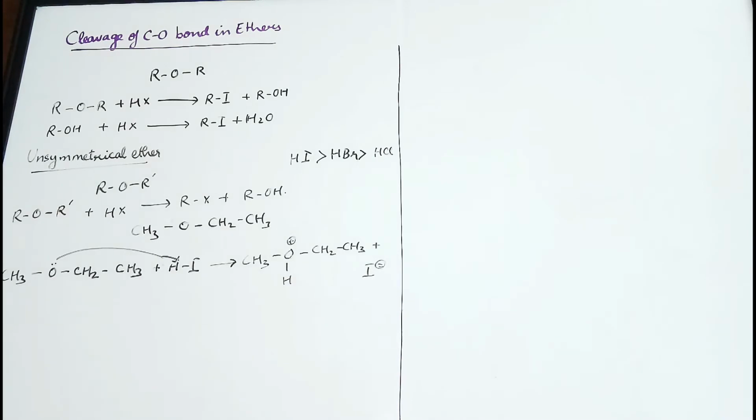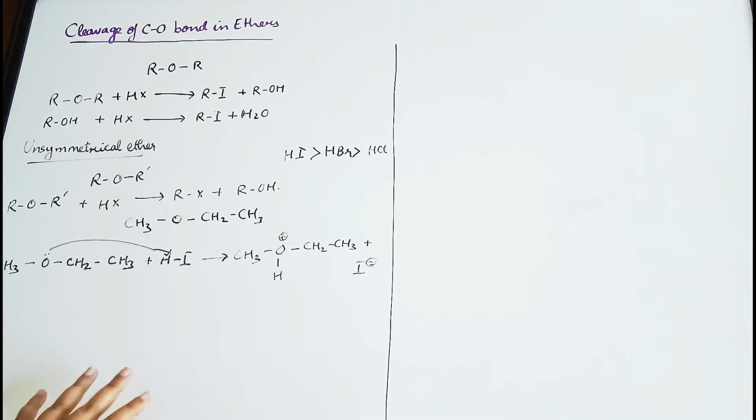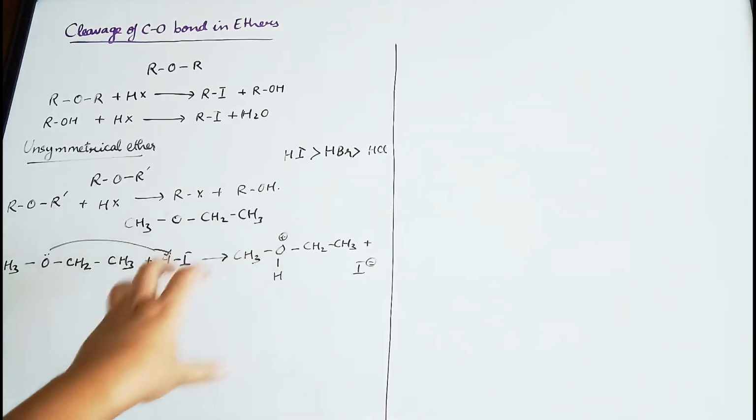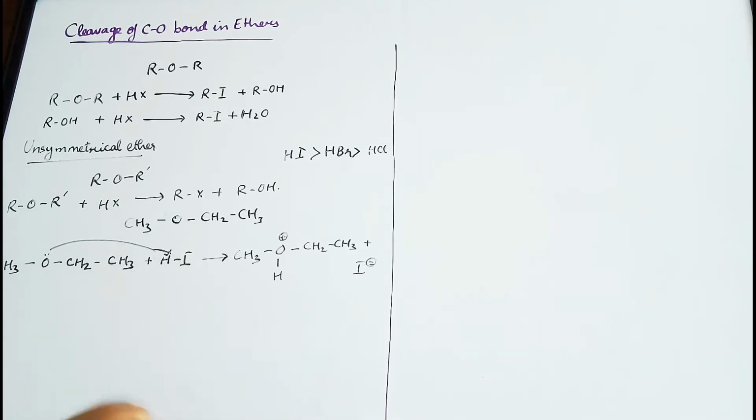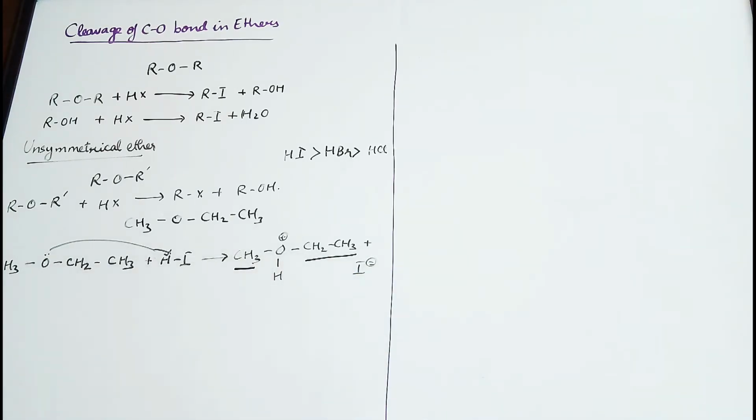Now this is a very crucial step. In the previous case, it didn't matter which alkyl group was attacked by the iodine. But in this case, it actually matters which alkyl group is going to get attacked, because here you have a CH3 which is a methyl, whereas here it's an ethyl group.